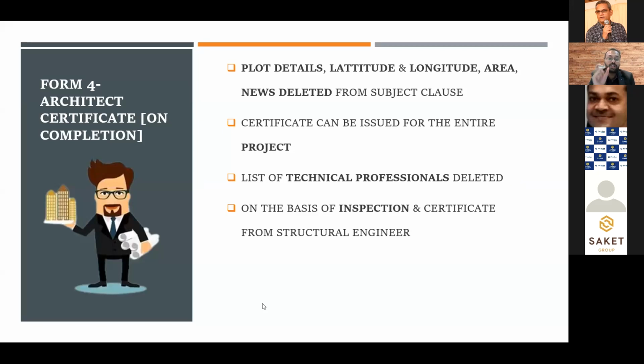But now the word inspection has been added, because there was one case of an architect who had issued the certificate; OC was received, but it was not fit for occupancy, and all the amenities were provided. RERA held him accountable, saying he is also liable for disciplinary action.